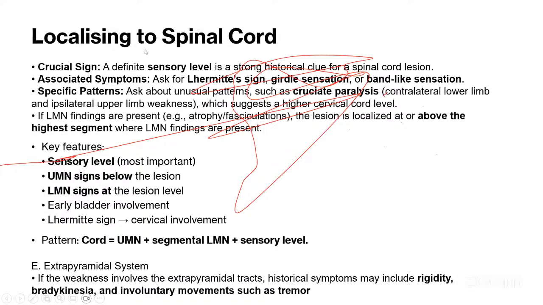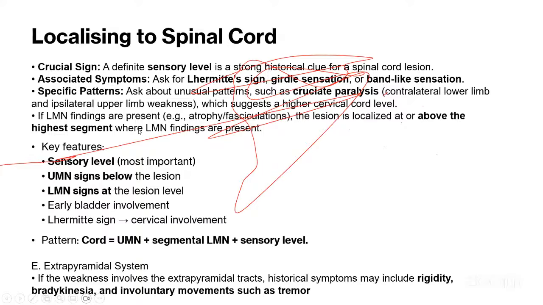The most common and crucial sign is the sensory level, and associated symptoms like Lhermitte's sign, girdle sensation, or a band-like sensation. They may have unusual patterns such as cruciate paralysis, contralateral lower limb and ipsilateral upper limb, because this suggests the higher cervical cord level.